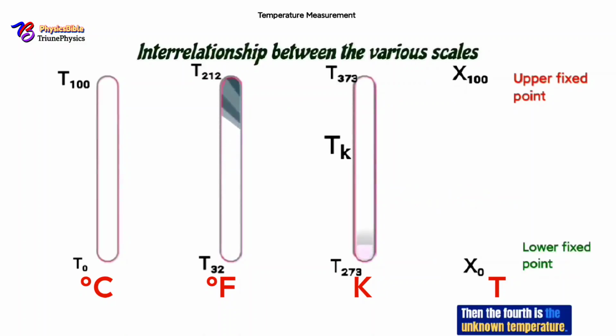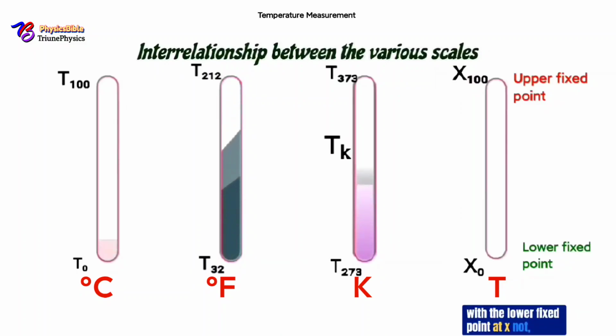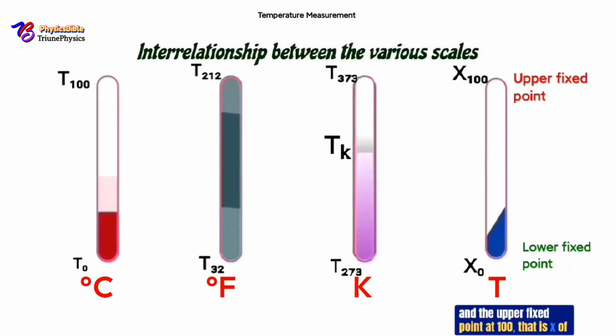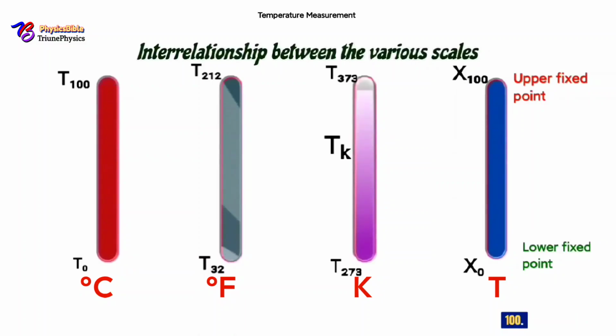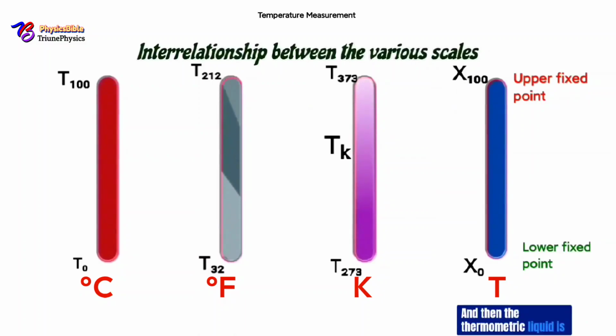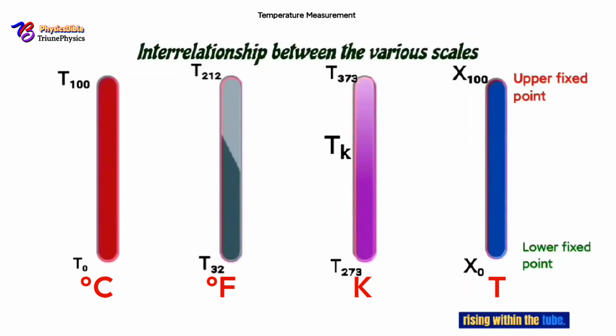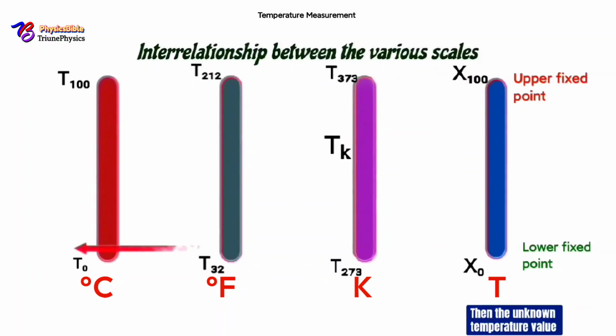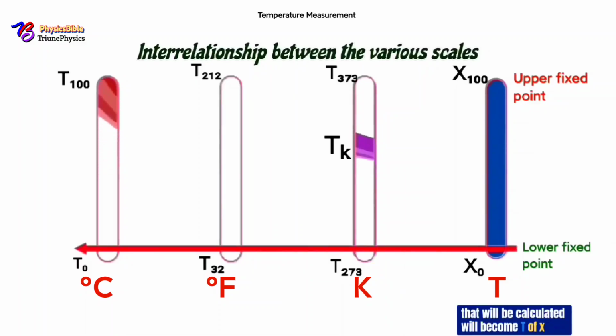Then the fourth is the unknown temperature with the lower fixed point at X naught and the upper fixed point at X of 100. And then the thermometric liquid is in blue, rising within the tube. Then the unknown temperature value that will be calculated will become T of X.